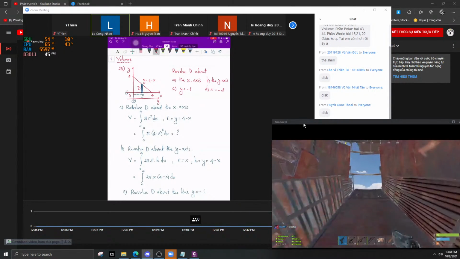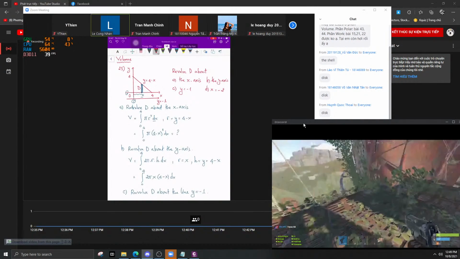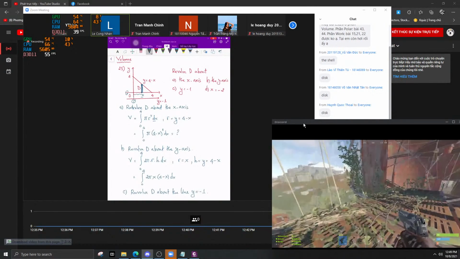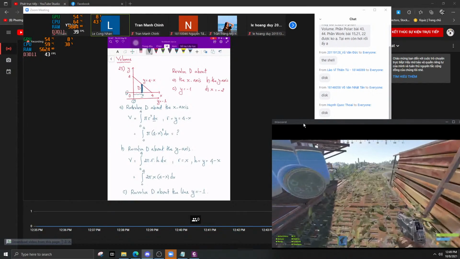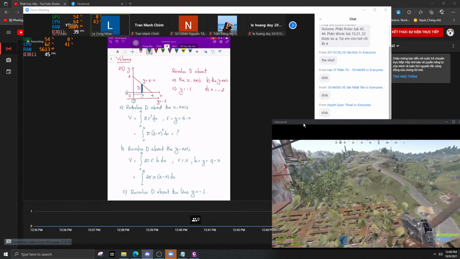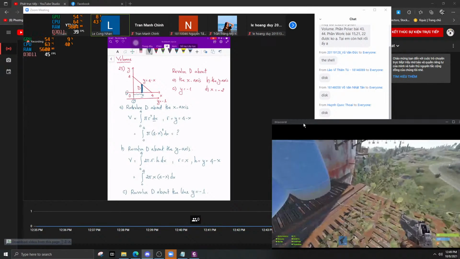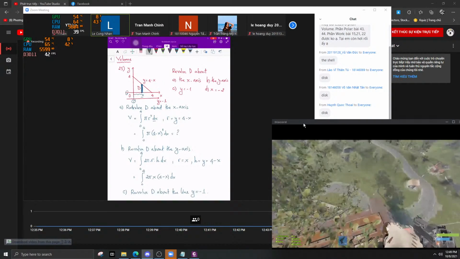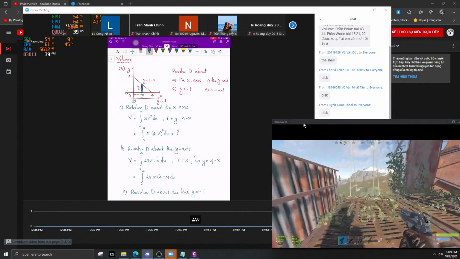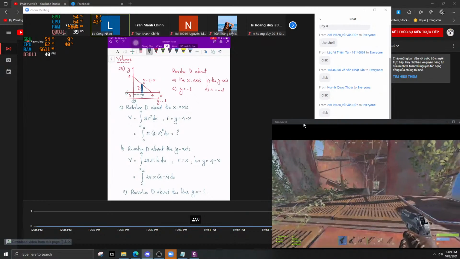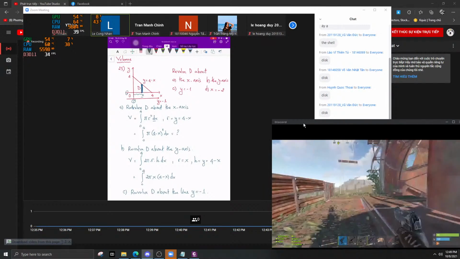This is the line y equals minus 1. If we revolve the representative rectangle, with small thickness dx, about the line y equals minus 1, what do we get? A cell, a disk, a washer? Yes, a cell. No, it's not a cell.